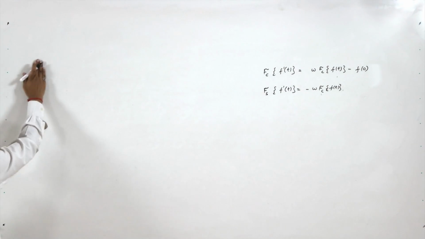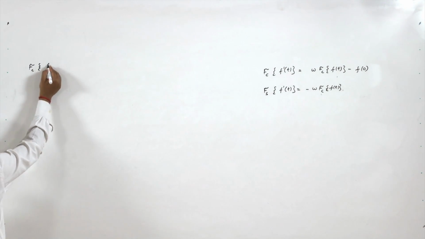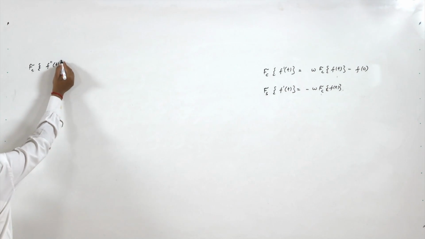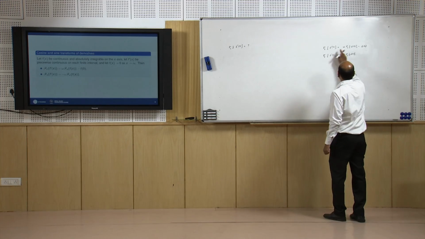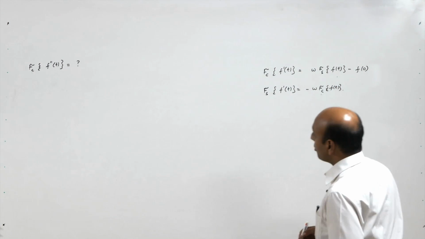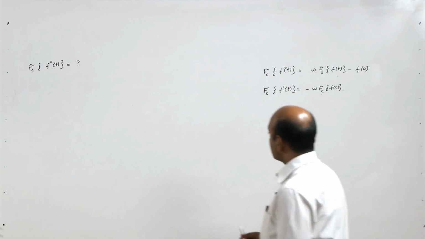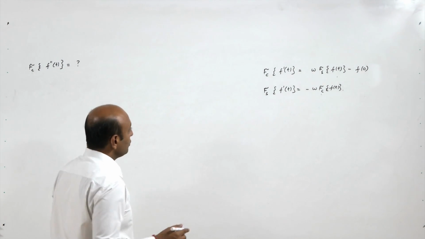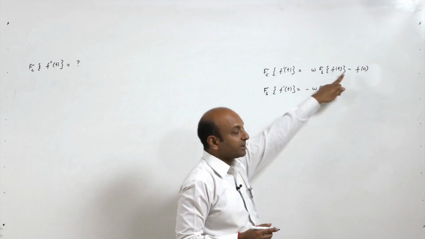Suppose now we want to find out Fourier cosine transform of double derivative of f at t. Now, you simply replace f by f dash in this expression.